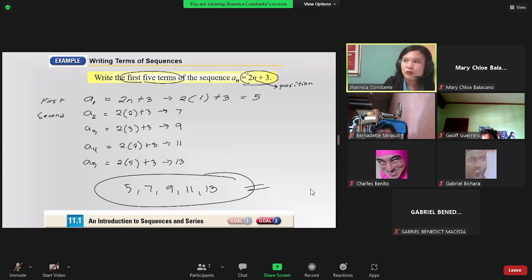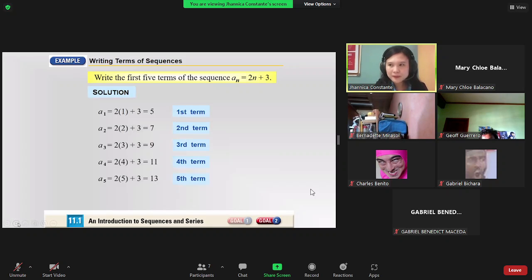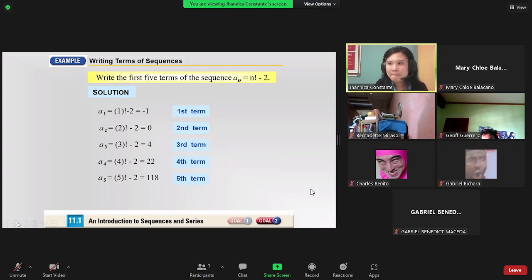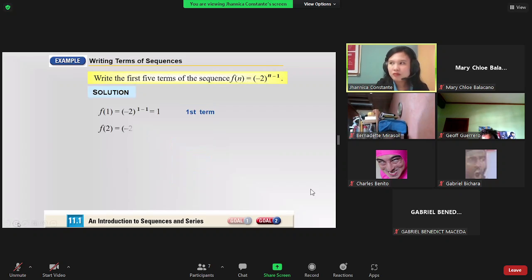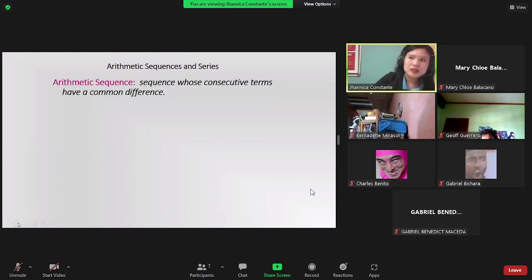But what if we are solving for a specific term? If we are solving for a specific term, we call that an arithmetic sequence. An arithmetic sequence is a sequence whose consecutive terms have a common difference.